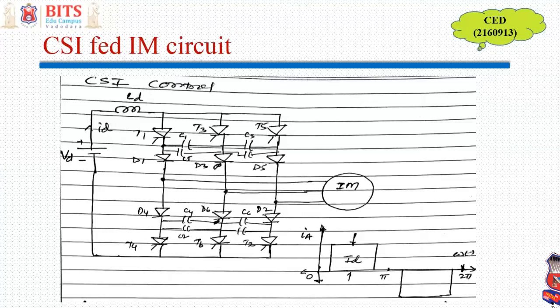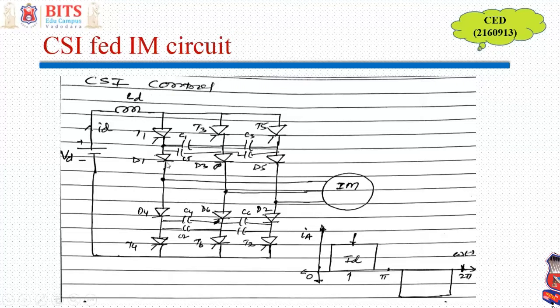These days we are getting IGBTs with larger and larger ratings, and so we are able to replace them. But for the sake of theory, we can still note that thyristors are the largest power rating power electronic devices available. So using thyristors we have made this circuit.